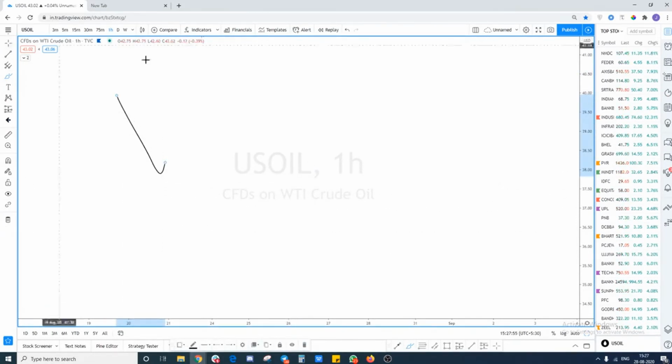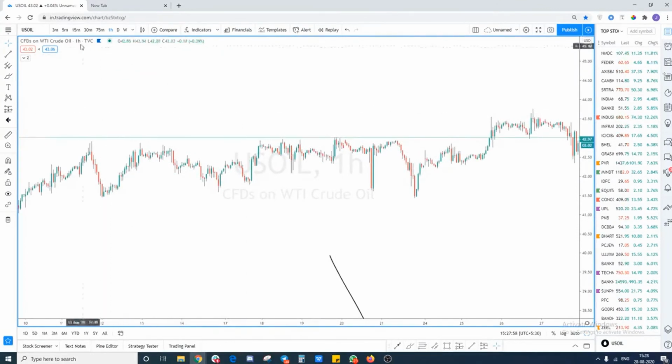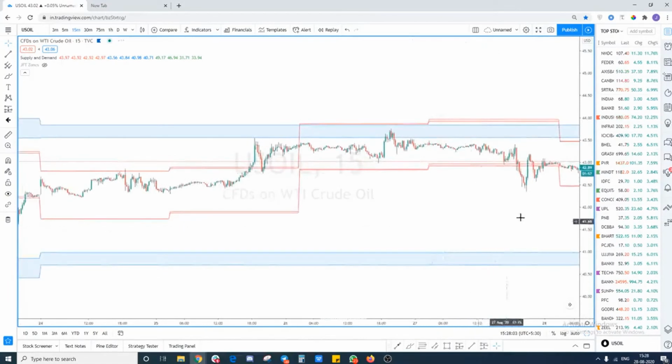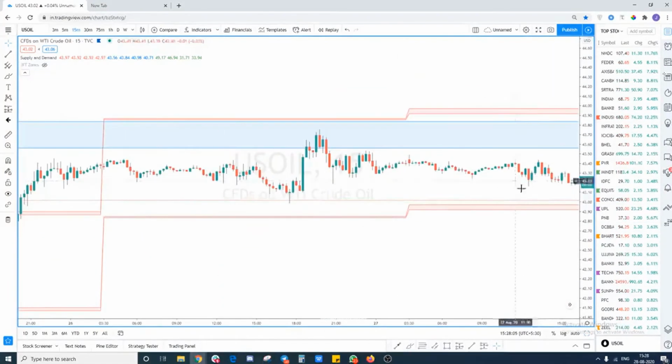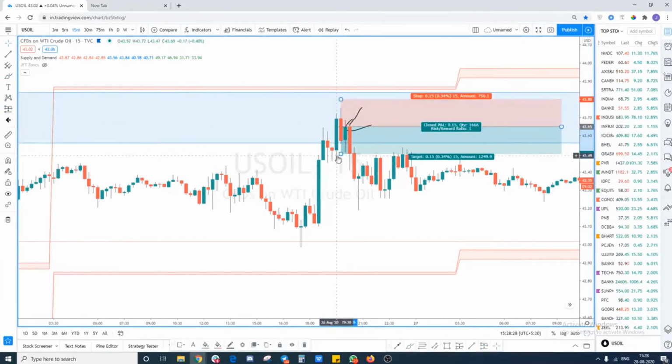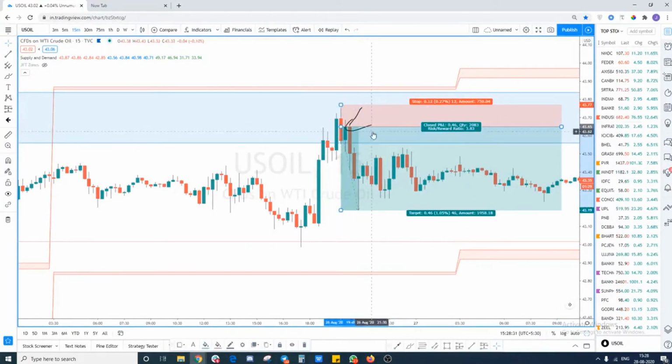For example, let me see if there is any example available in the 15 minutes time frame. Okay, this is what I mean. When you see a rejection at this area, what majority would do, they will go short here, correct? Looking at this candle, at least it has to come here, right? This is what they will be thinking. But no, you have to go short on this green candle, because your risk is very minimal.